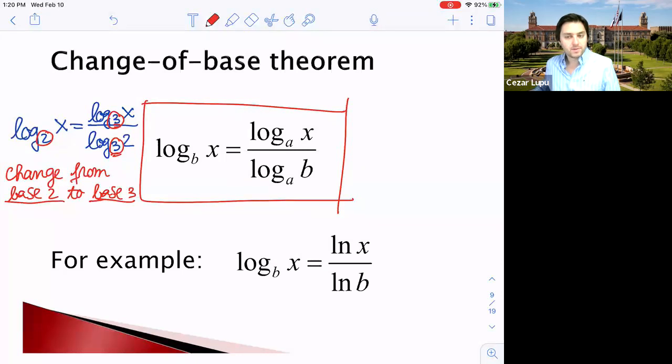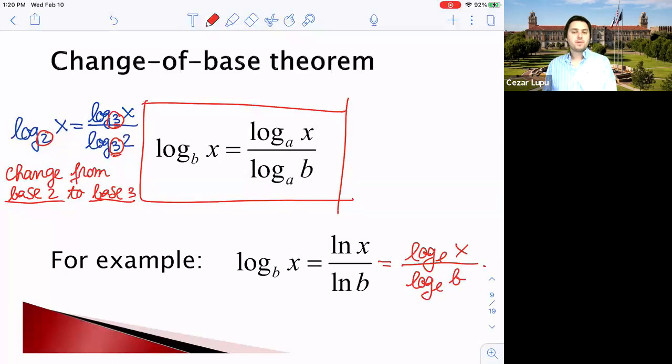All right. So that's the formula. Now, as an example, if you want to change to base e, the base of the natural log, you will take log in base b of x, which will be equal to log in base e of x over log in base e of b.